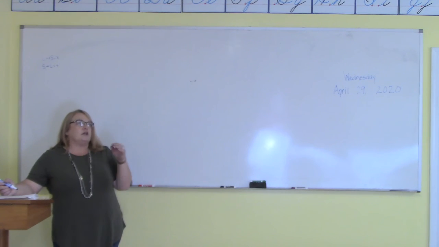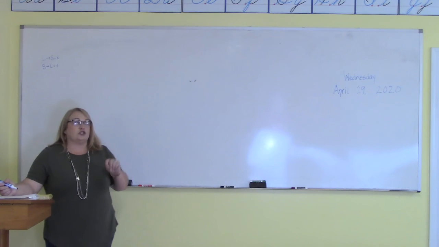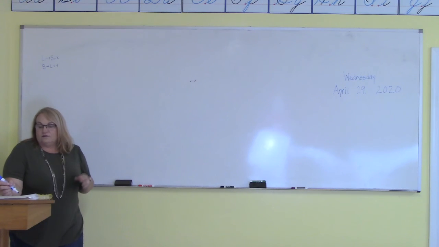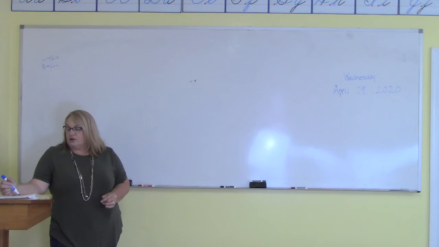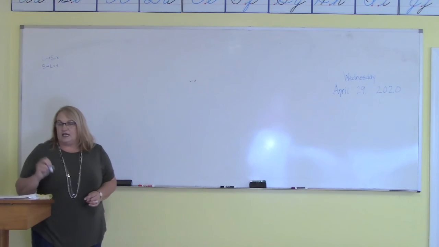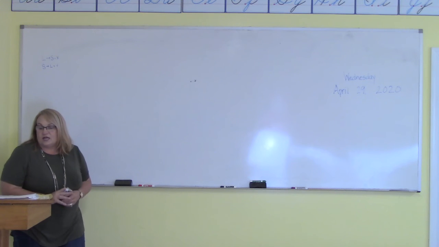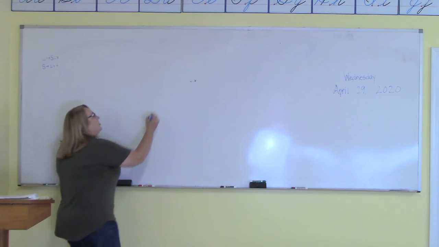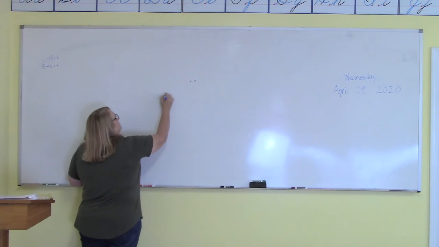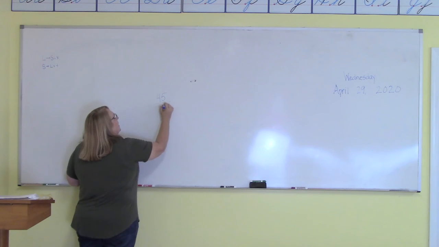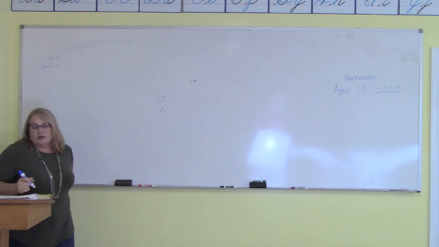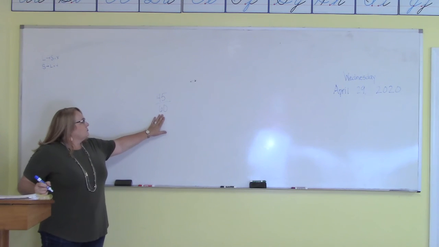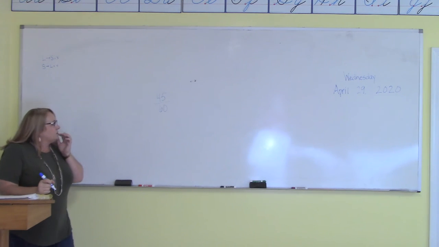Okay, 3:30 to 4 o'clock is 30 minutes. 4 o'clock to 4:15 is 15 minutes, so 30 plus 15 is 45 minutes. So what part of an hour is 45 minutes? There's 60 minutes in an hour. So you will reduce 45 over 60.